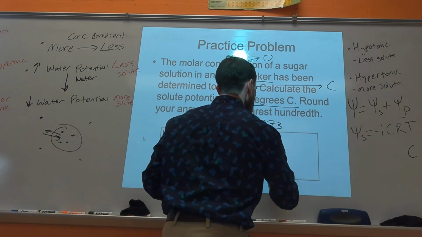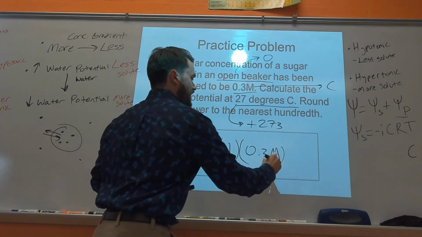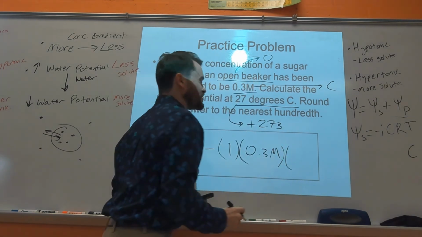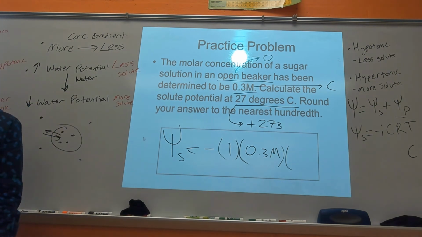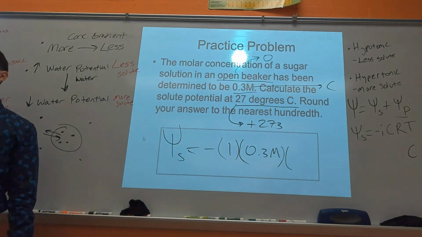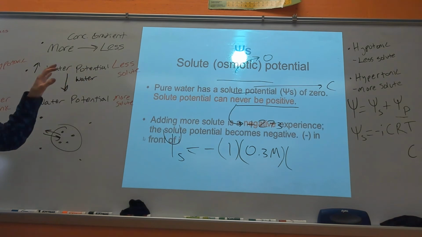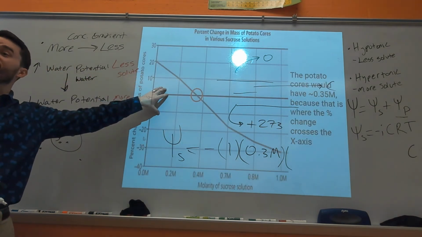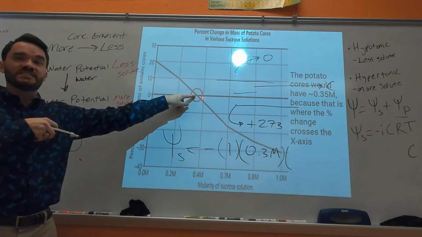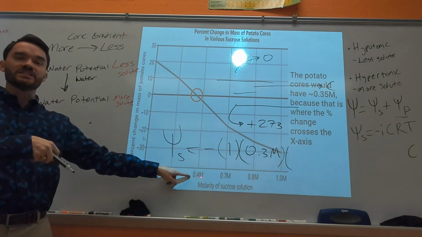So they're either going to give you C, I mean, they're not going to make you do stoichiometry problems and give you atoms. What they may give you though is a graph like this where you have to look at where it crosses the x-axis and go down to the molarity.